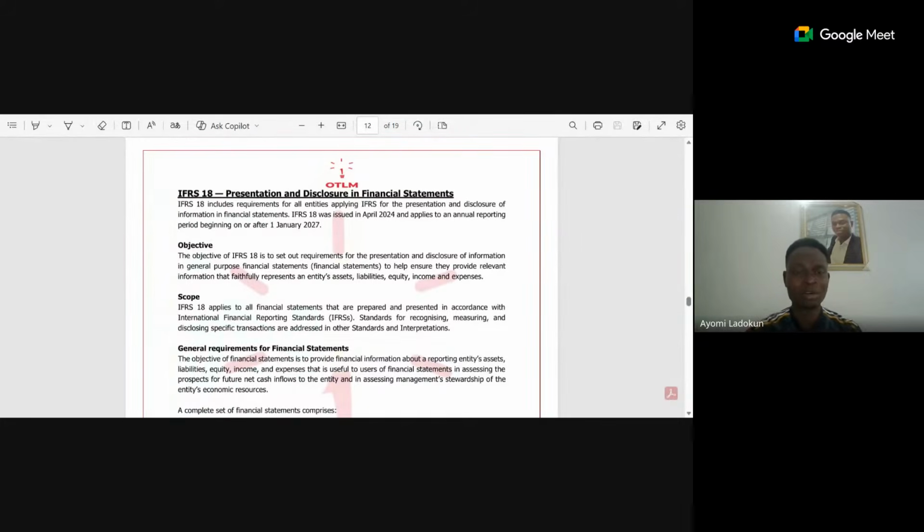I think it's changing the dynamics around how you present your financial information, and more disclosures in the financial statements. There are some elements of IAS 1 that didn't really change, specifically around how you classify your current assets, non-current assets, current liabilities and non-current liabilities. You still have all of that under IFRS 18. So I'll just quickly run through those key changes.